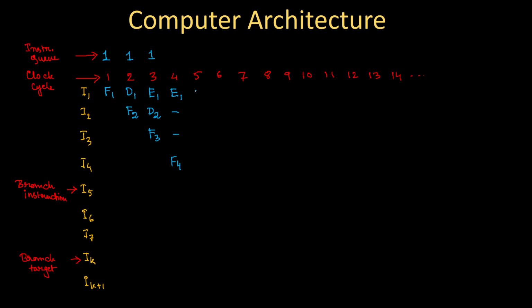Similarly, it will execute this instruction again. Because after fetching, now what's happening? Since this one happened, the total number of instructions present in the instruction queue becomes 2, right?